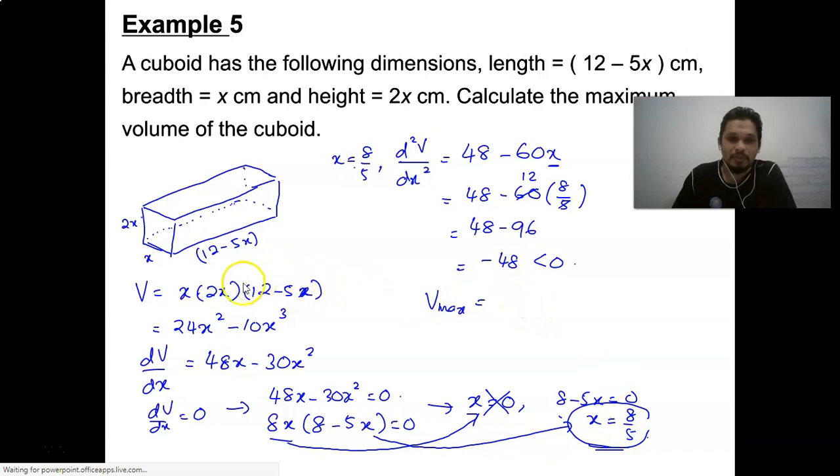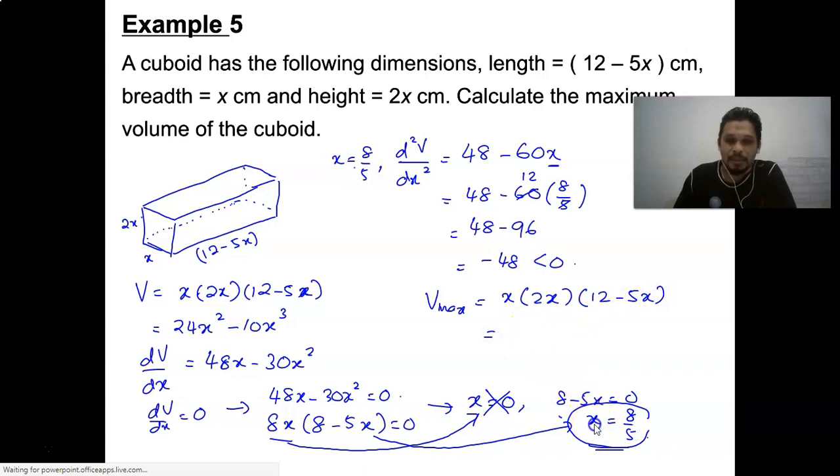So we substitute into this equation of V: x times 2x and 12 minus 5x.